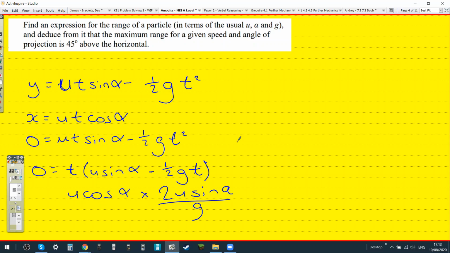So we could bring it to the other side. The range.